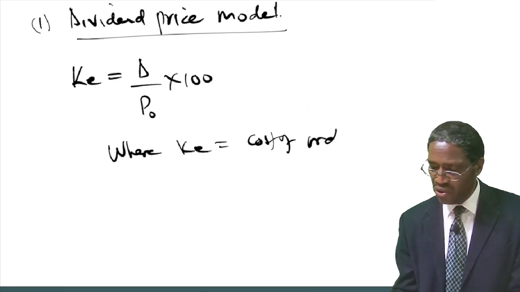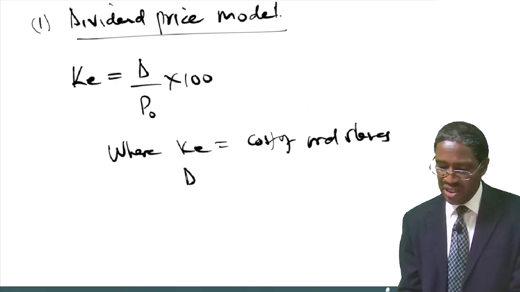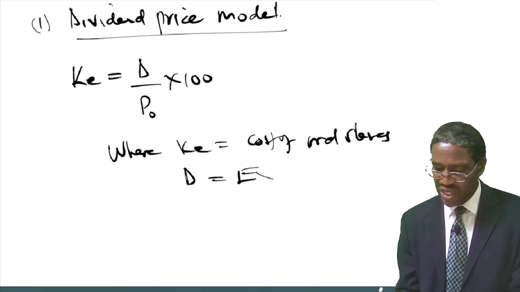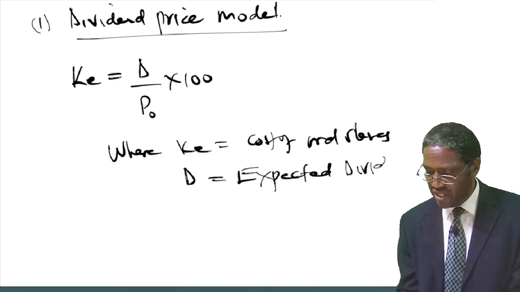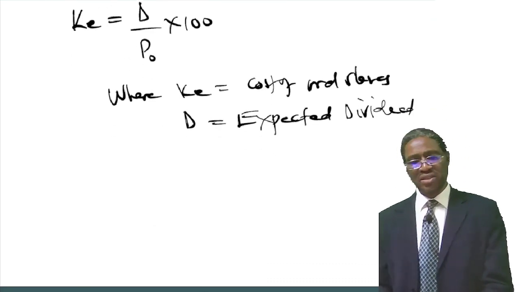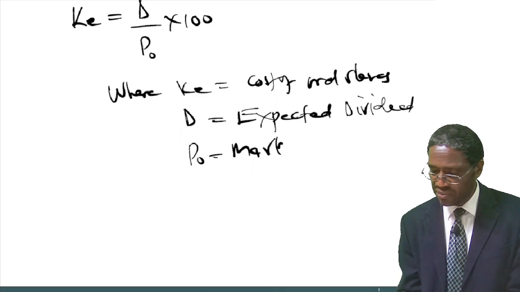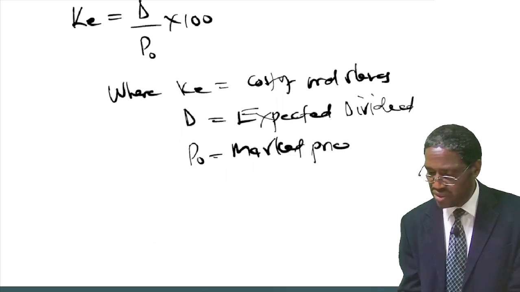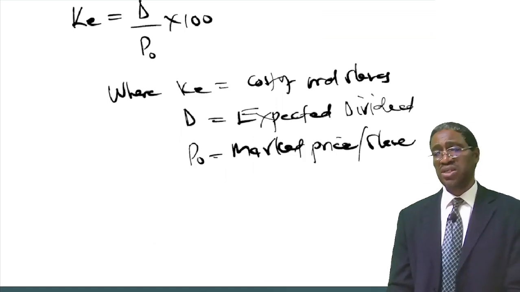D represents what we are calling expected dividend. And then PO is what we call the market price per share.